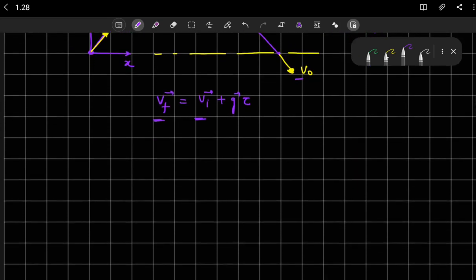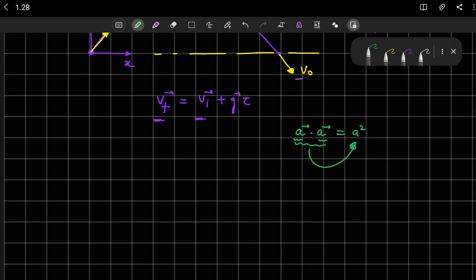For that, let us first see: let us say we are having some vector a, and if we consider the dot product with itself, then we will get a square. So these are two vector quantities, and when we are taking the dot product, it is becoming a scalar quantity.